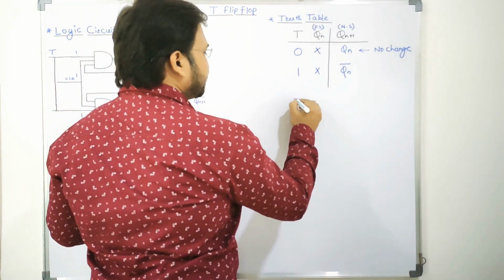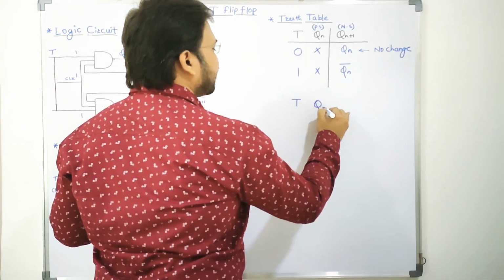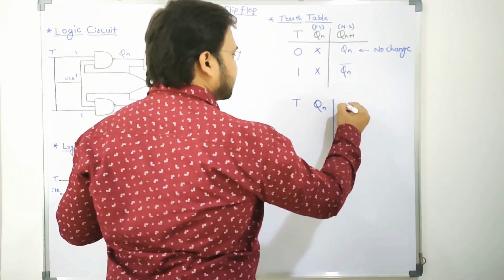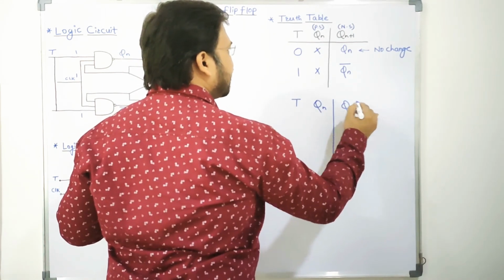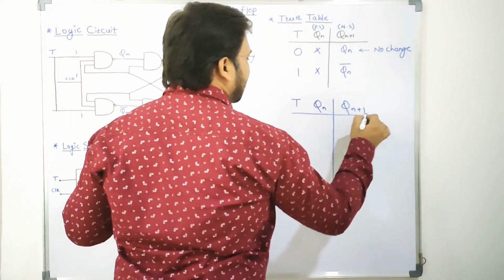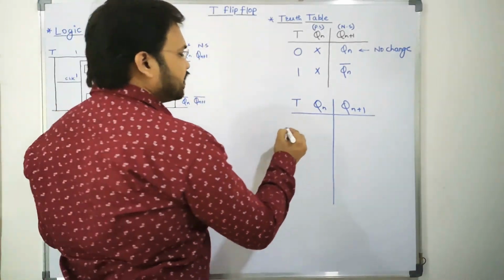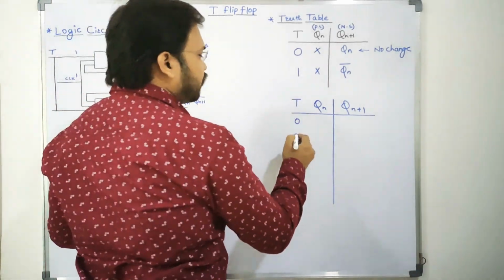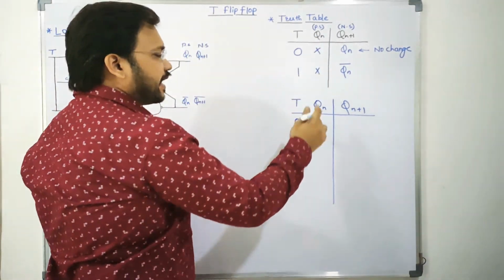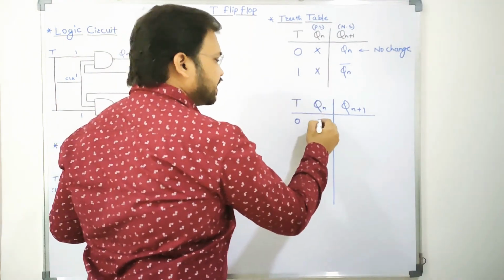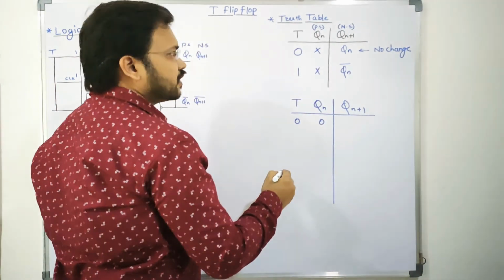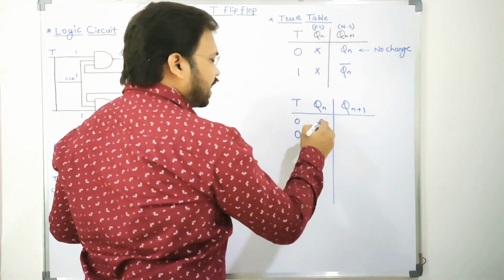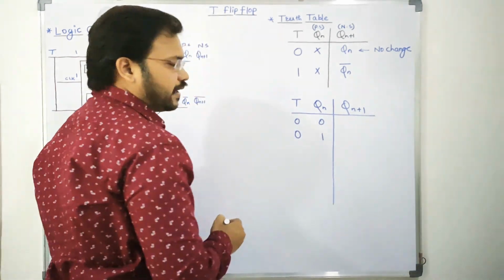Here T and Qn are the present state, and Qn plus 1 is the next state. So we have 0 for T, and suppose Qn is equal to 0, and again 0 for T with Qn equal to 1.